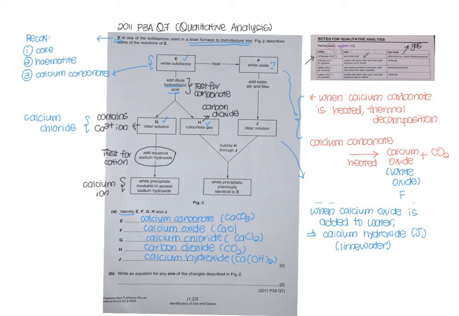Right, and it says write an equation for any one of the changes described. So what is it that we can write? We could either use E, this reaction whereby calcium carbonate plus hydrochloric acid. This is reaction 1.